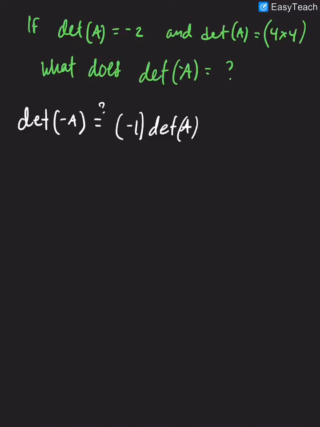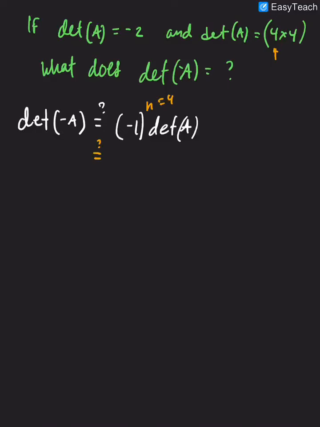However, we're missing something. You must have known. Probably caught that. This n. What was that n equal to? Oh, that's right. It was equal to the n by n matrix. So it's 4. So that is 4. Uh-oh. What is negative 1 to the 4th power?